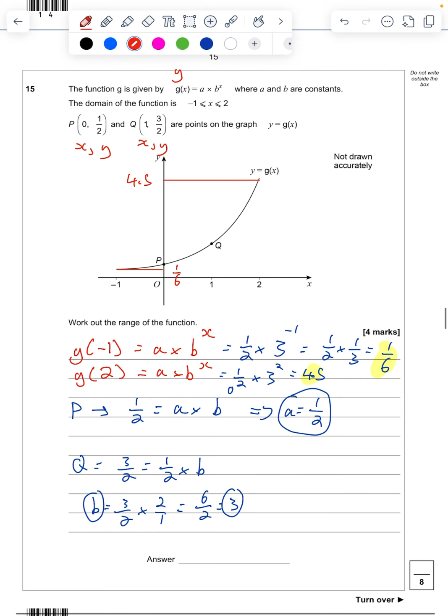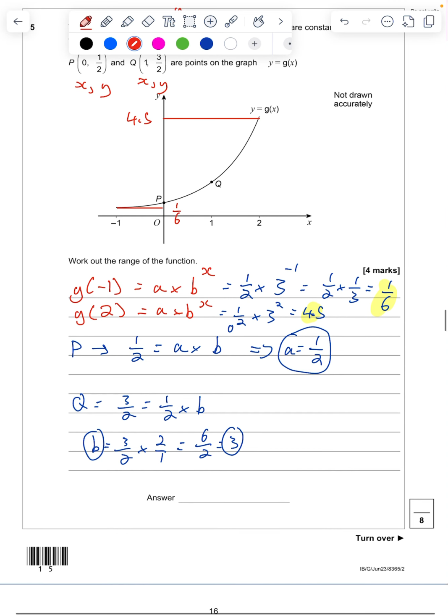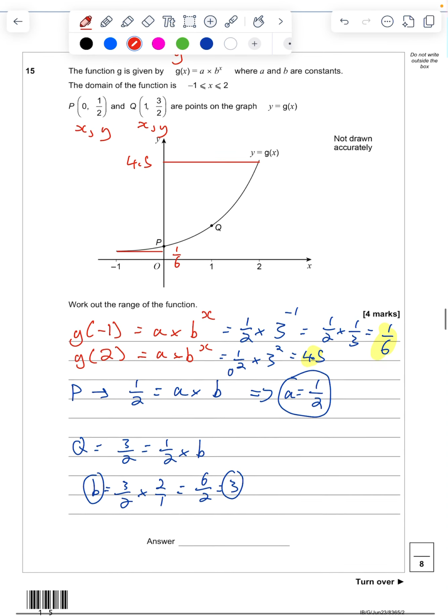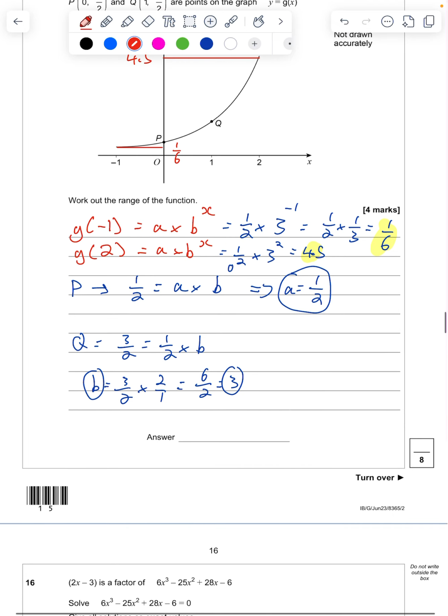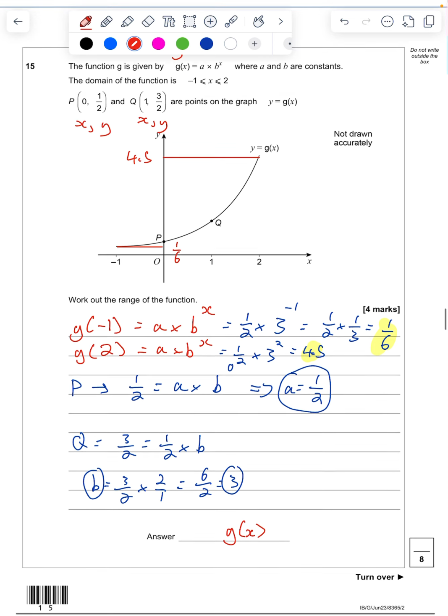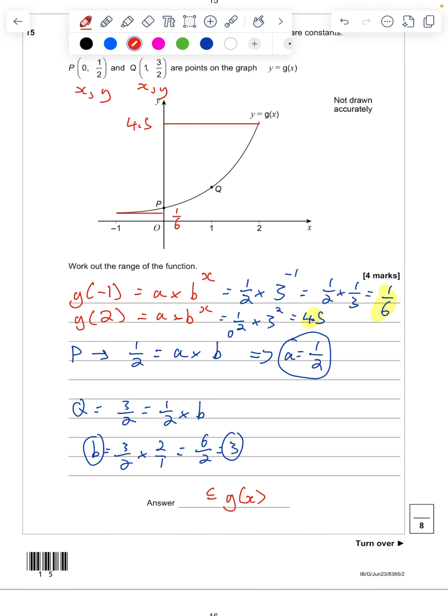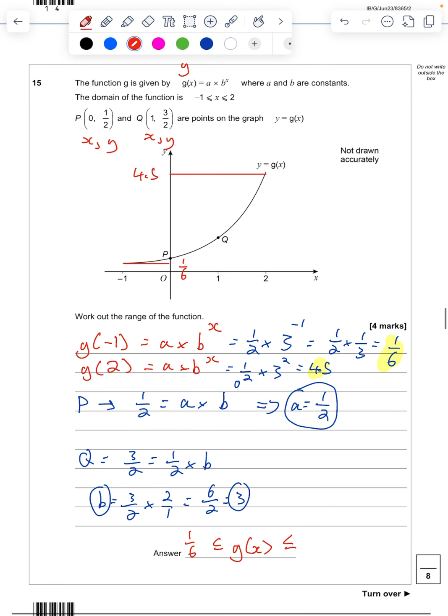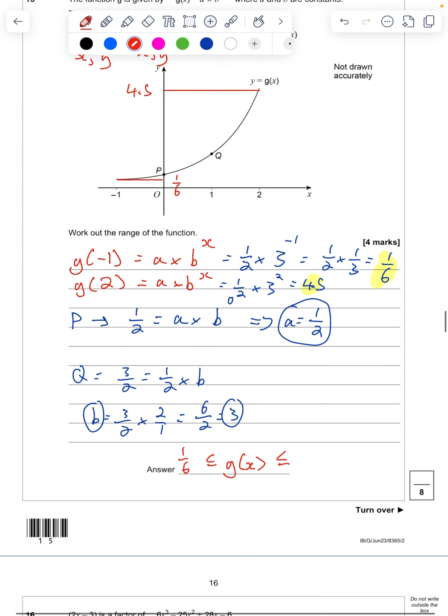So the range you would say is going to be y, or we should say g of x, because it's given in function notation, must be bigger than or equal to a sixth, and less than or equal to 4.5. It's going to be in between these y values here. And that should be the answer, unless I've made a mistake somewhere. That should be good. That was quite a nice question, actually.